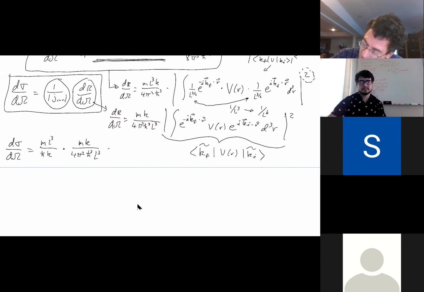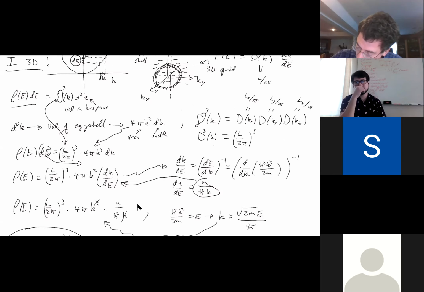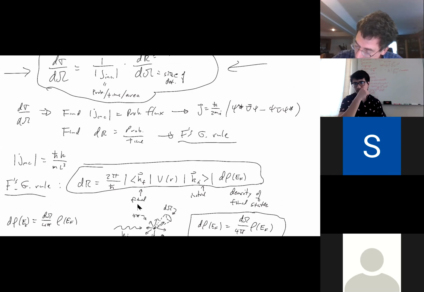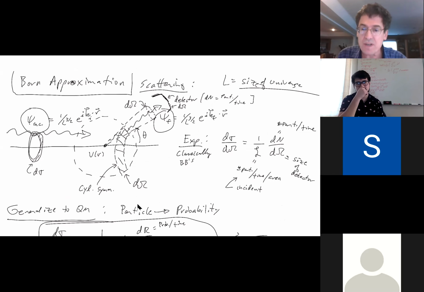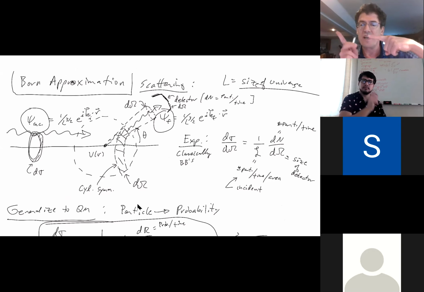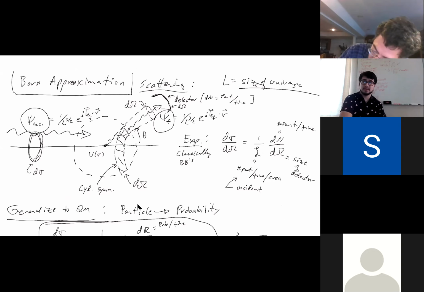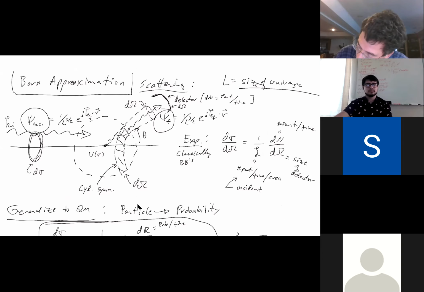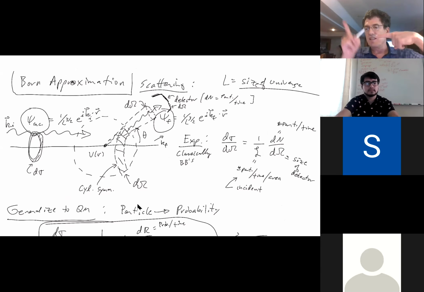Well, let's go back and look at it. Way back. You see them in this picture? k incident is going to the right and k final is going up, right? This is k incident and this one is k final.